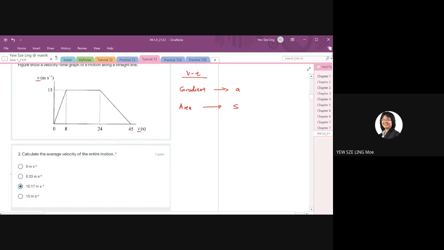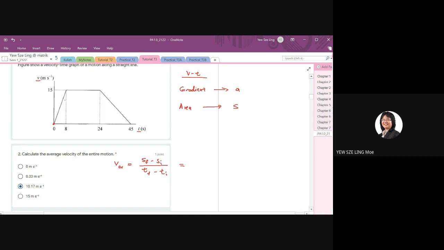Question 2: calculate the average velocity of the entire motion. If you remember the equation for average velocity, V average equals S final minus S initial divided by T final minus T initial. Obviously, initially everything starts from 0, so your initial value is 0. Now how to calculate the final S?